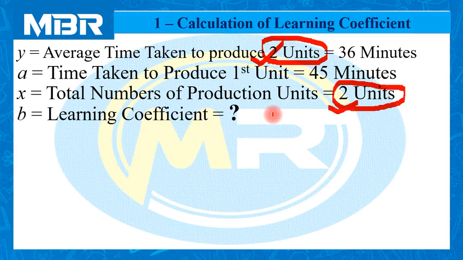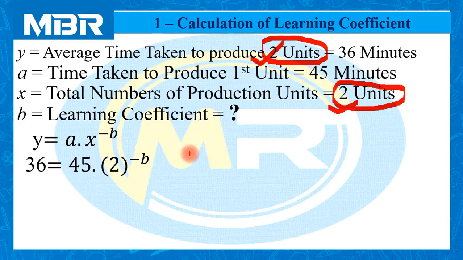Now, insert the formula: Y equals A multiplied by X raised to minus B. So 36 equals 45 multiplied by 2 raised to minus B, because the learning coefficient is unknown for this question.